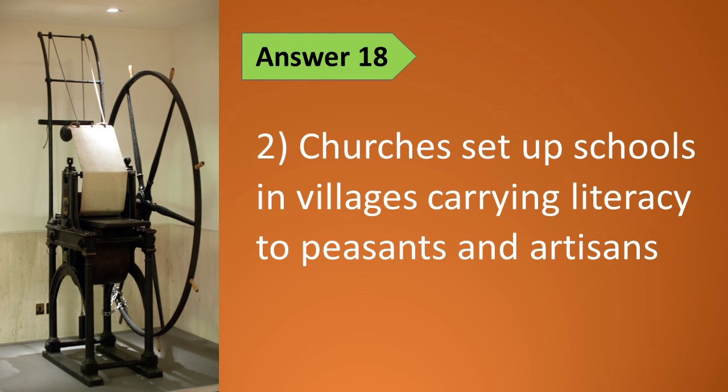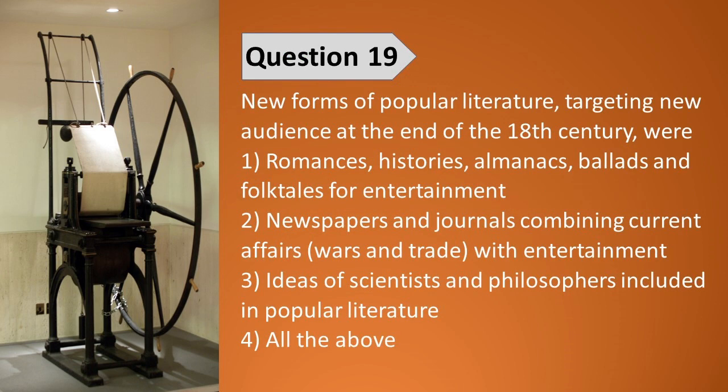Answer to question number 18 is, churches set up schools in villages carrying literacy to peasants and artisans. Question number 19 is, new forms of popular literature targeting new audiences at the end of the 18th century were, the first option is romances, histories, almanacs, ballads and folktales for entertainment.